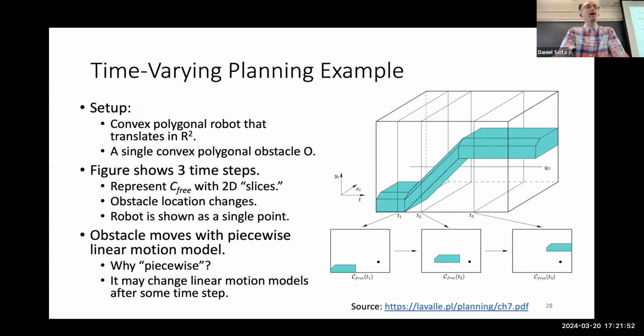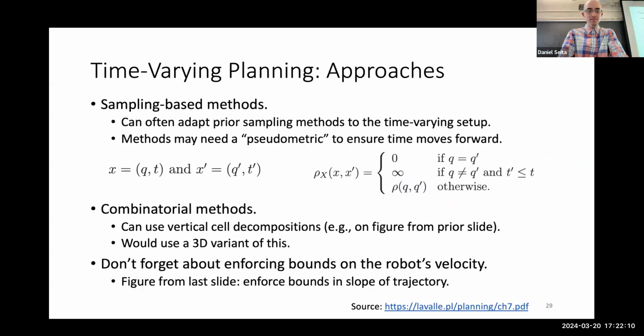All right. How do you approach these problems? Like, how do you solve this type of problem? I don't like using the word solve, but if you want to use it. So the way that you could do this is by adapting the various sampling-based algorithms that we have already covered.